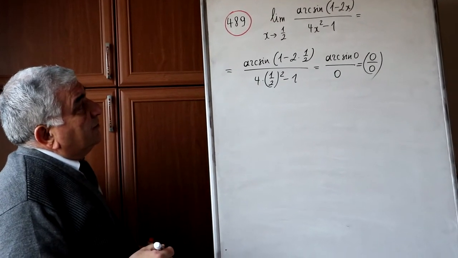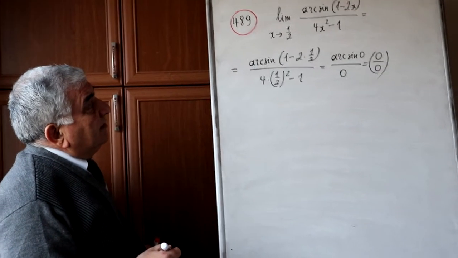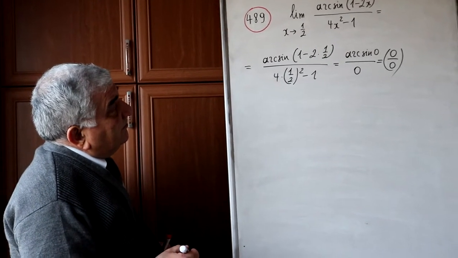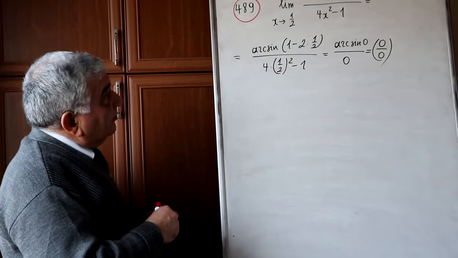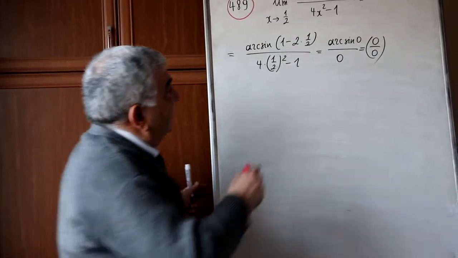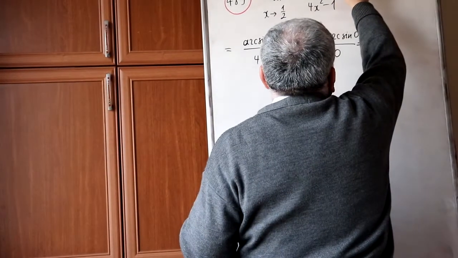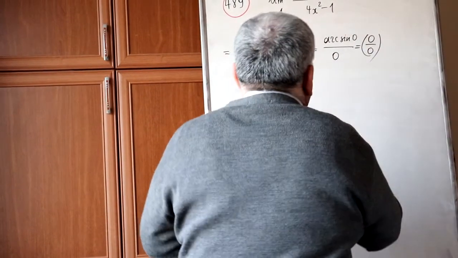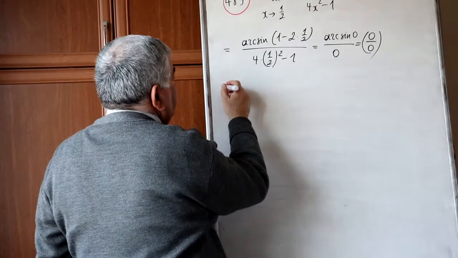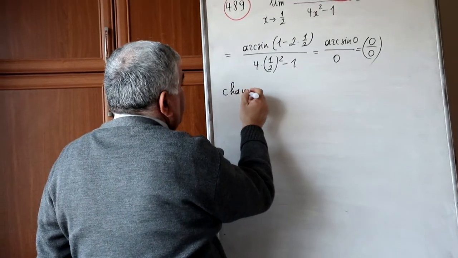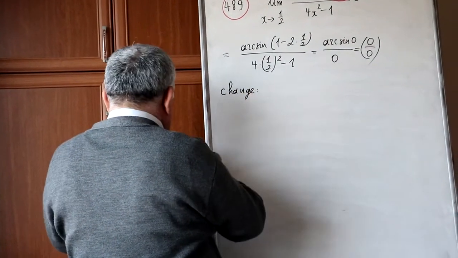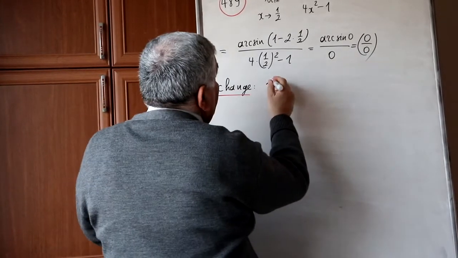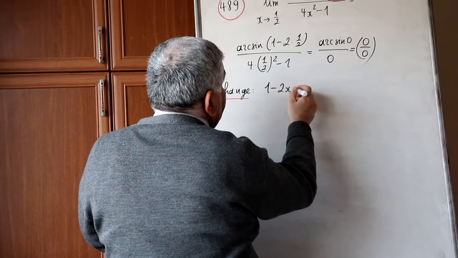We can solve this example by change of the argument of arc sine by a new variable. For example, let 1 minus 2x be t. Change or substitution. 1 minus 2x is t.